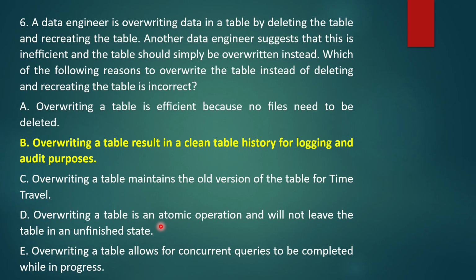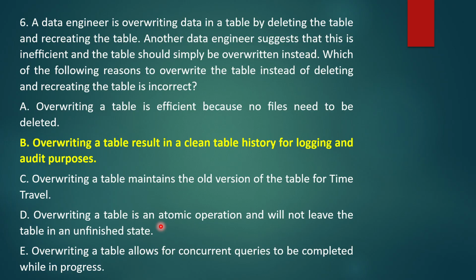The main goal of the question is to identify the incorrect reason for using overwrite, for example INSERT OVERWRITE, save mode overwrite, or write overwrite in Delta Lake. In summary, a data engineer deletes and recreates a table to overwrite data, and another engineer recommends using the overwrite method instead.